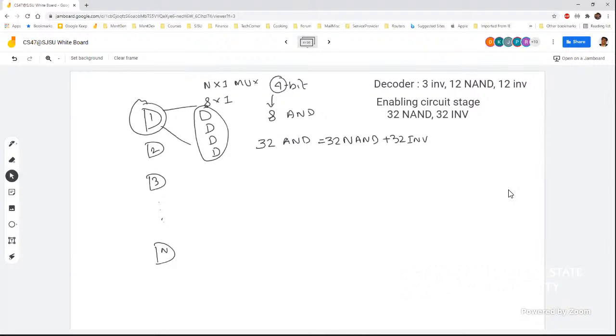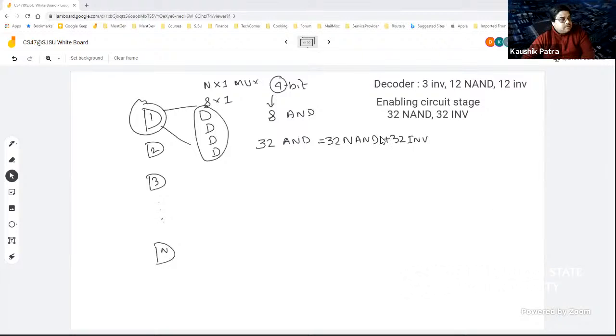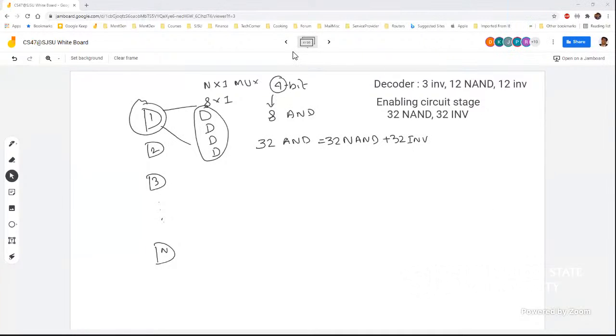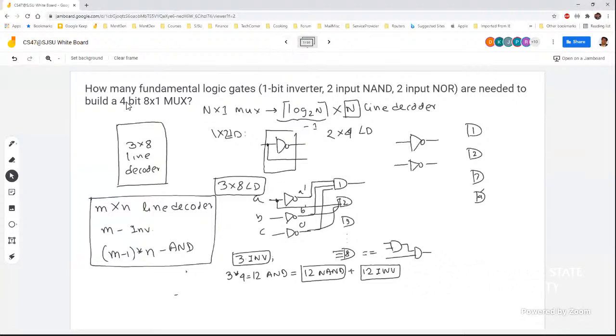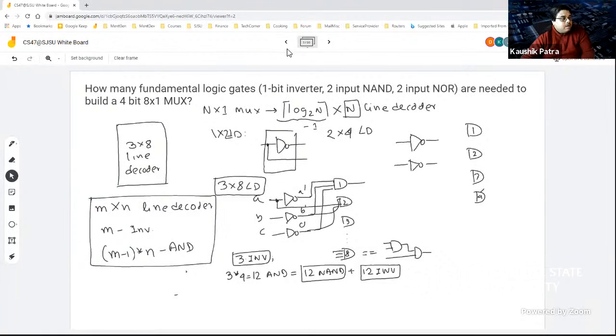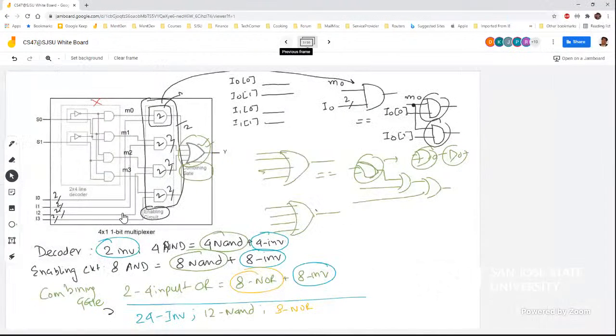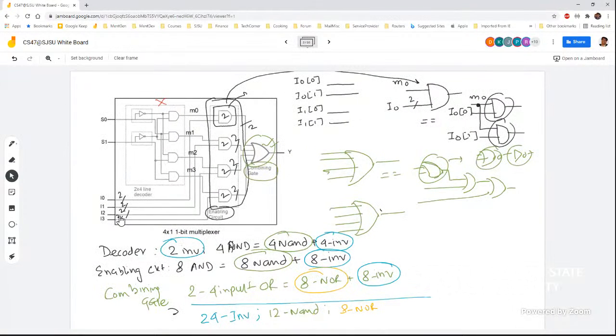Professor, I have a question. Yes. For the last part, the 12 NAND, 12 inverter, where does the 4 come from? I was lost on that part. Like 3 times 4, where does the 4 come from? Oh, that comes from this 4 bit. Remember, our problem said 4 bit. We are talking about 4 individual bits.